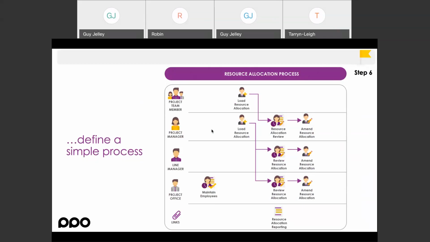So what we've done with some organizations is, now that we've created that snapshot of the current visibility, we allow the resources to continue to maintain that information themselves with the necessary review by the project manager and their line managers, but create an ecosystem where the real resource allocation that those resources need to do the work is created, available, real, visible, and constantly changing. That creates massive value.